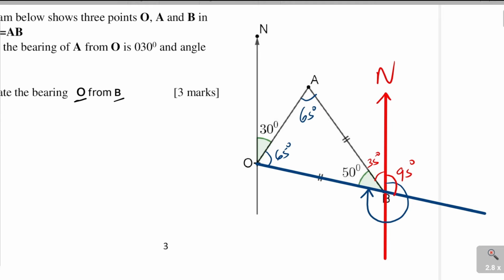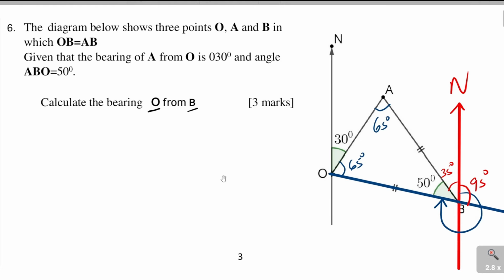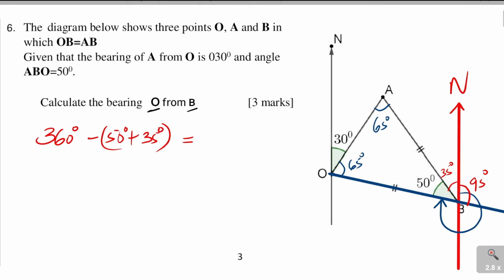So we shall have 360 subtract 50 plus 35, and this will give 275 degrees. So the whole of this angle here will be 275. That is true bearing.